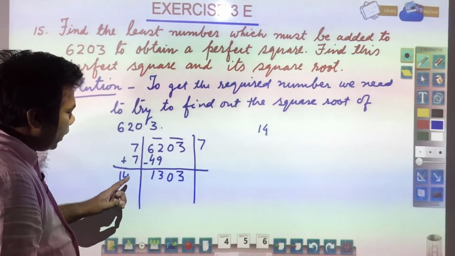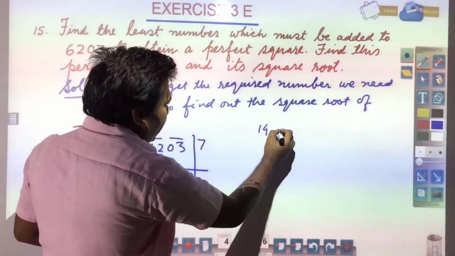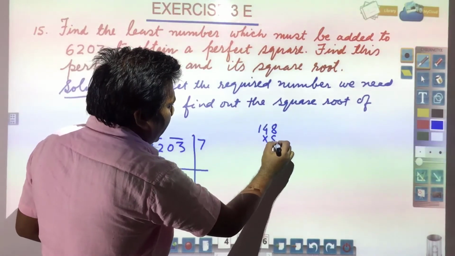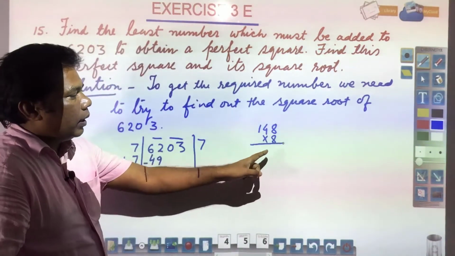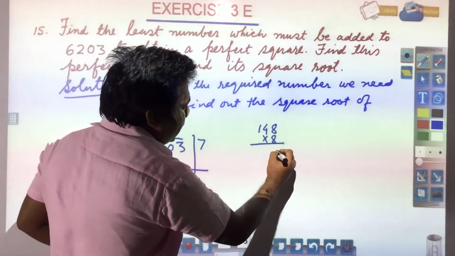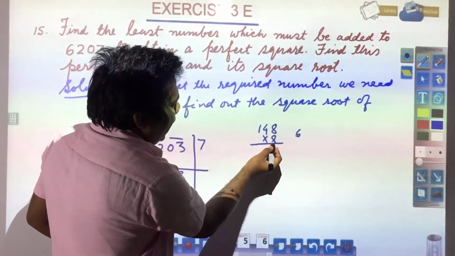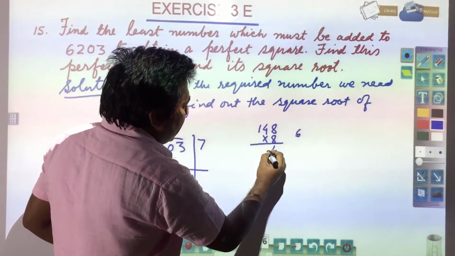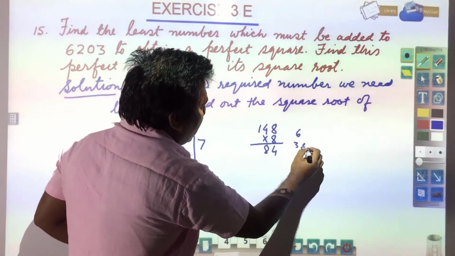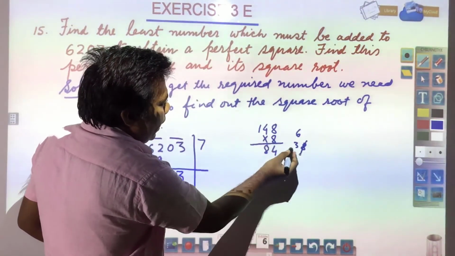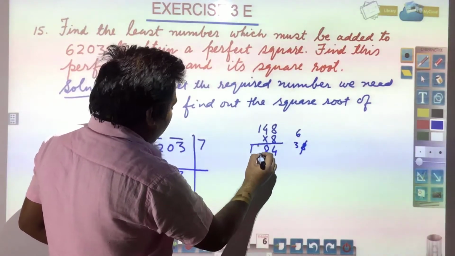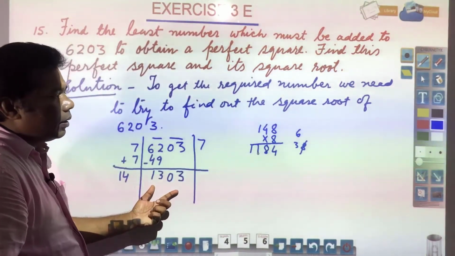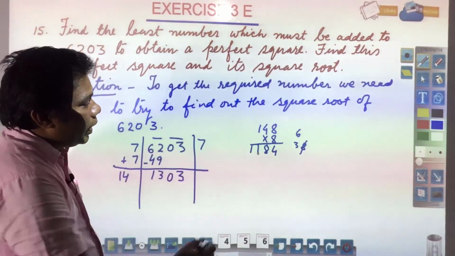If you multiply by 8, what will you get? 8 8s are 64, 8 4s are 32 and 6 is 38, and 8 1s are 8 and 3 is 11. So, what you will get? 1184, it will be very less. So, one more time we need to try.